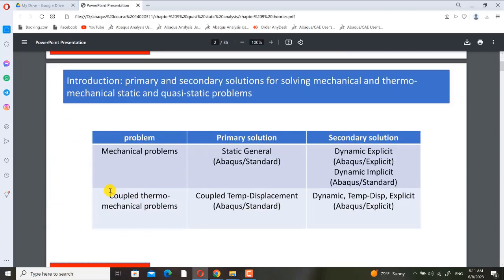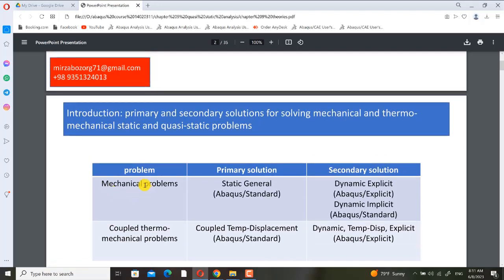Here I have mentioned two cases: mechanical problems and coupled thermomechanical problems. For mechanical problems, the primary solution is the static general step, and its solver is Abaqus standard. For coupled thermomechanical problems, the primary solution is the coupled temp displacement step, and its solver is also Abaqus standard.